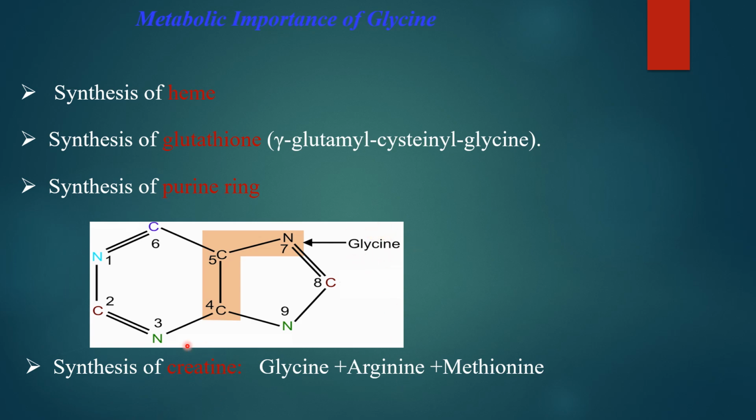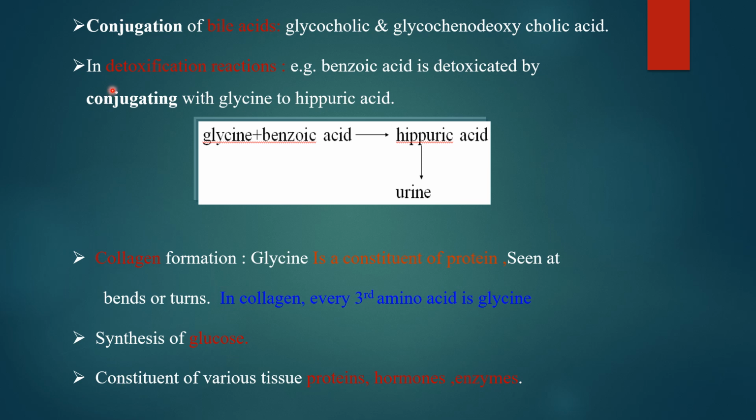Synthesis of creatine: creatine consists of three important amino acids, glycine, arginine, and methionine. Glycine conjugation is also used for synthesis of bile salts, glycocholic acid and glycochenodeoxycholic acid, which in the unconjugated state were cholic acid and chenodeoxycholic acid. It also has an important role in detoxification reactions.